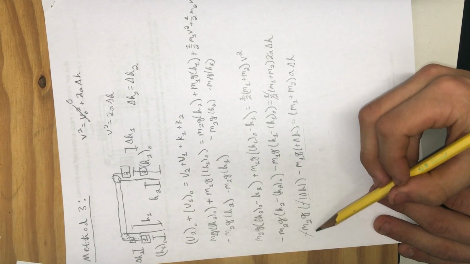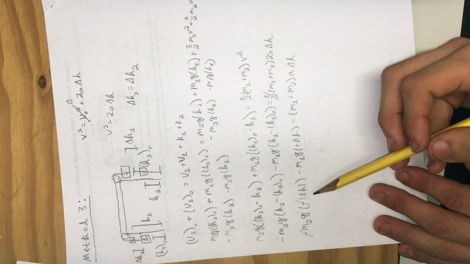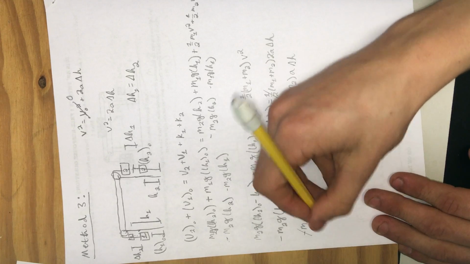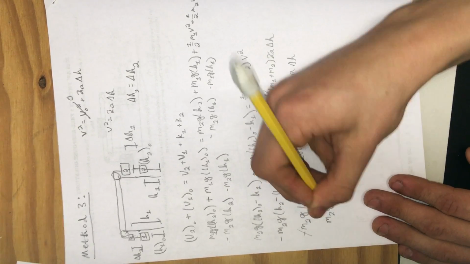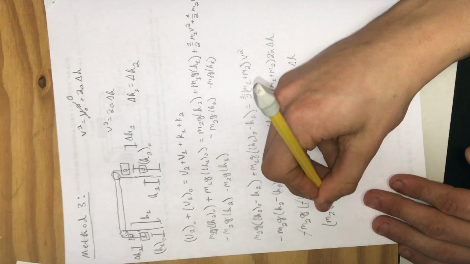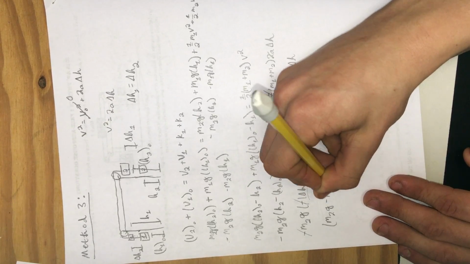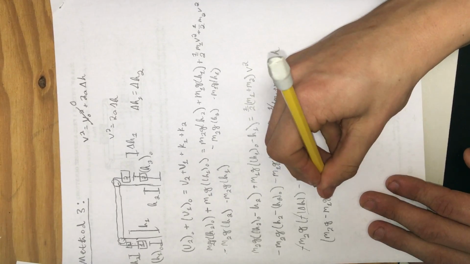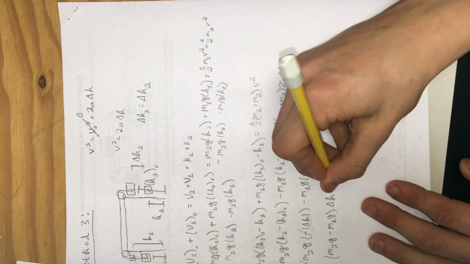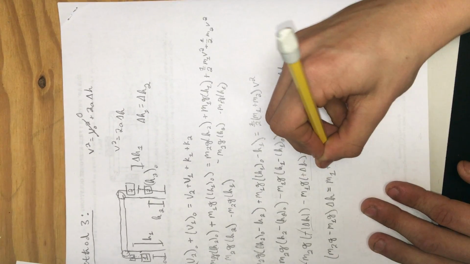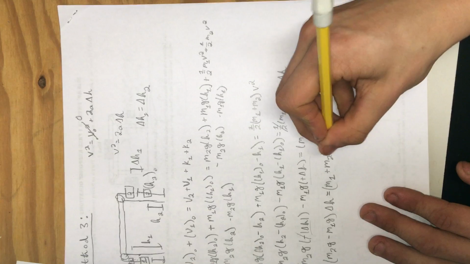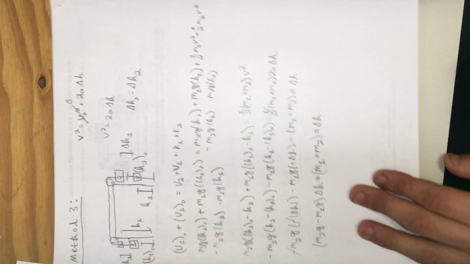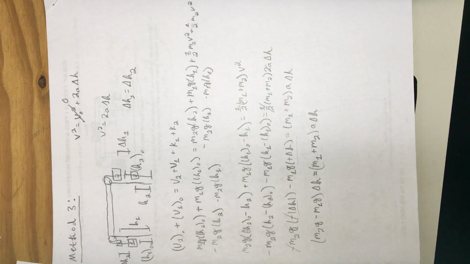So what we can do is factor out the m1g and the m2g and have just delta h. So that's going to give us m2g minus m1g, delta h is equal to m1 plus m2 a delta h. Now once again, we're trying to solve for the acceleration of the system.